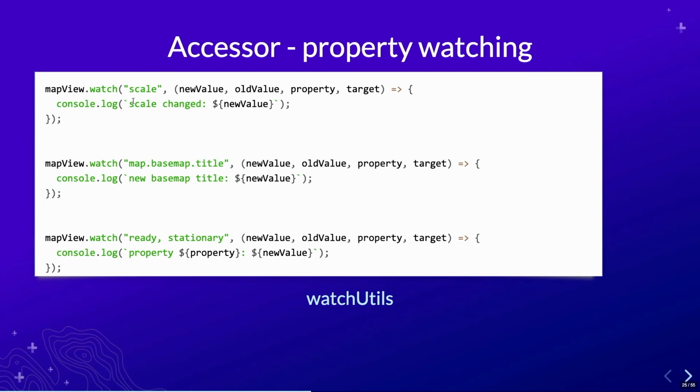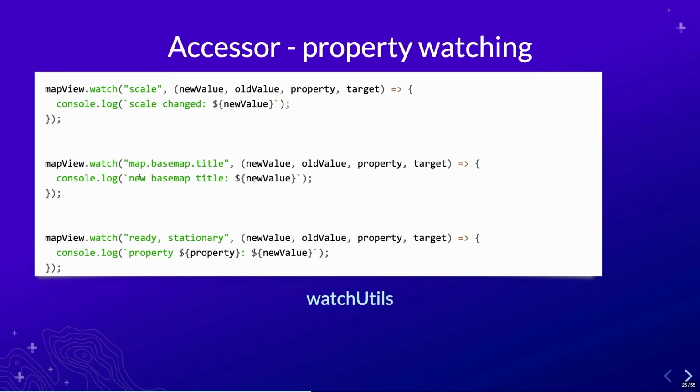And what you're going to get back when you do this is the new value. You'll get the reference to the old value. So if they're numeric, you can do some sort of calculation of what the difference is there. The property that you're watching, in this case, is going to be scale. And then the target that you're watching, which in this particular case is going to be the map view. You could watch for nested property changes.